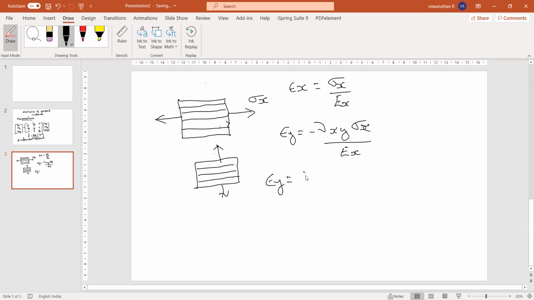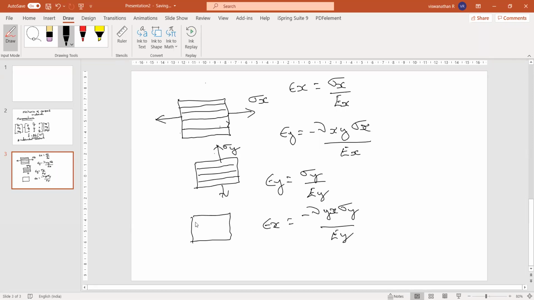Epsilon y will be equal to sigma y by Ey, and then epsilon x would be equal to minus nu yx sigma y by Ey. Okay. And then for the third case, what is the third case?